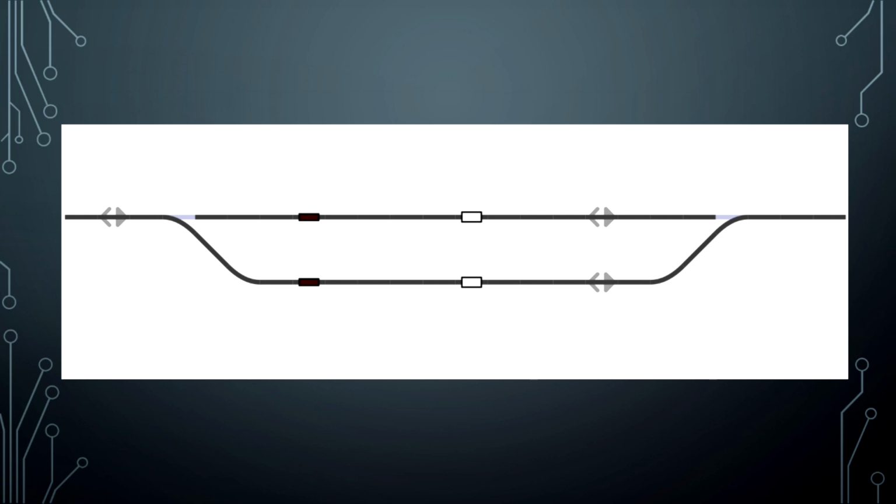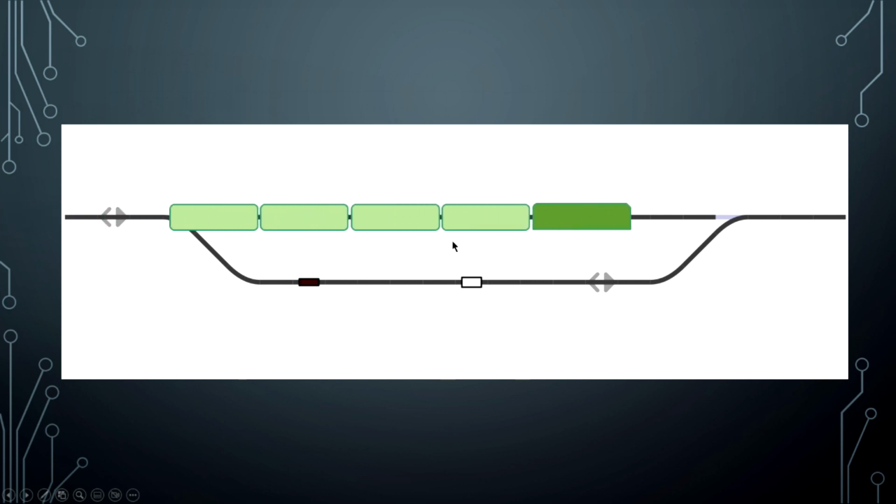Instead, we just set a value based on how much space should be left free at the beginning of the block, seen from the direction of travel, so that when a train has stopped in the block, there is sufficient space between the rear of the train and the turnout prior to the block, so that the turnout can be safely released and allow another train to pass without the risk of collision.